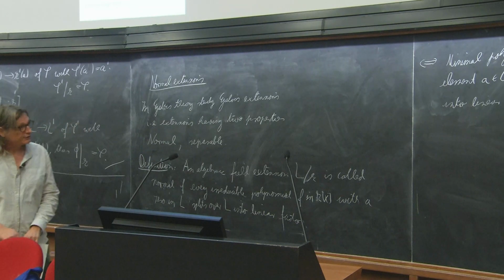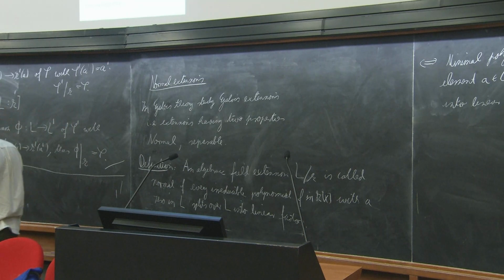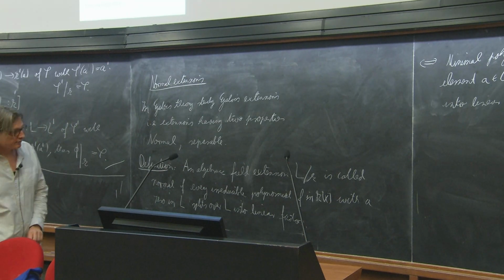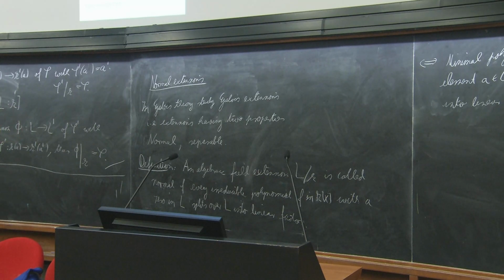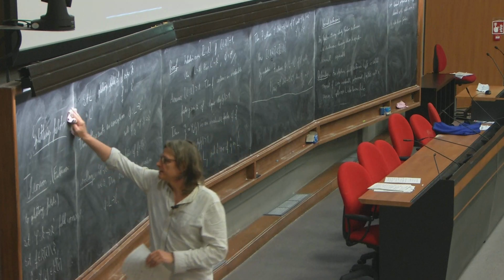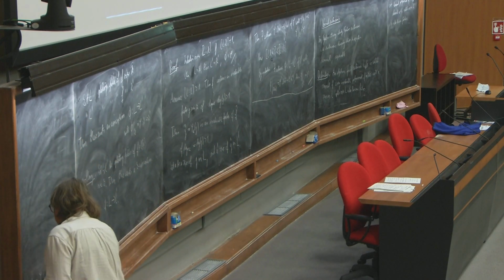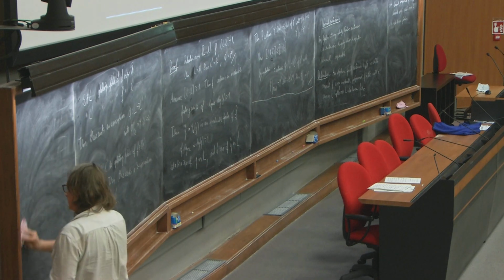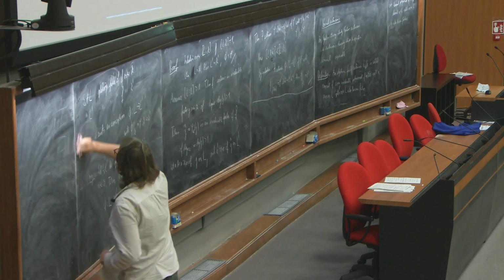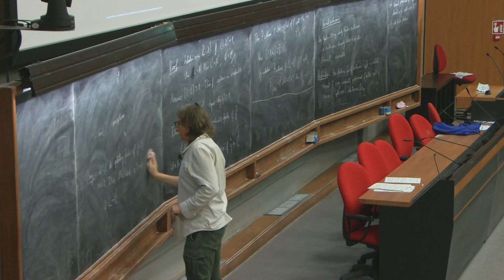So it's a somewhat strange condition. From the definition, it's a priori not clear whether such a thing even exists, because it seems difficult to satisfy. But now we will see that, in fact, being a normal extension is the same as the larger field being the splitting field of a polynomial with coefficients in the smaller field.